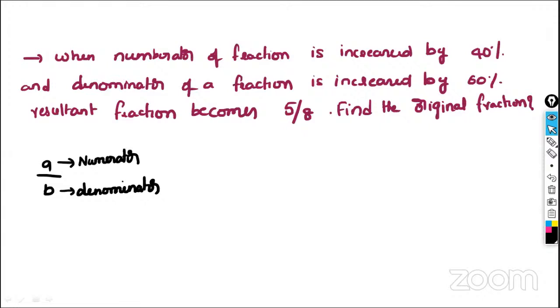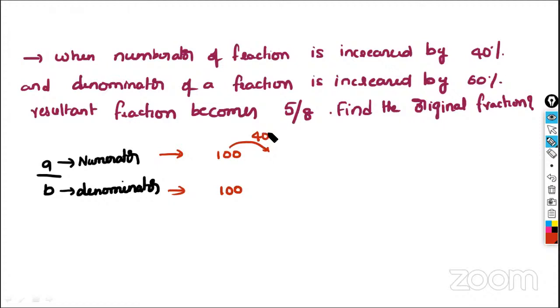So when the numerator of a fraction is increased by a percentage, what does that mean? I don't know the numerator value or the denominator value, but I can take 100. Here 100, whatever it may be, you can take. In this, 40% is increased.